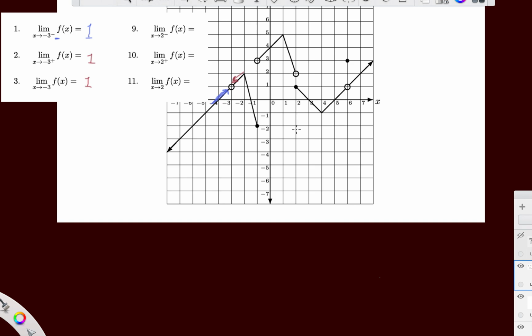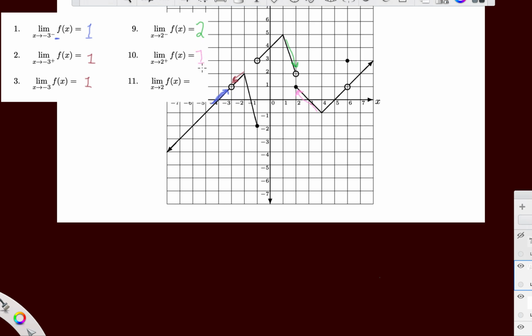As we approach the 2 value from the left, from the negative side, looks like we're coming down pretty steep right here, and it looks like we're approaching an output of 2. Okay, so I'll put a 2 here. And what if we're approaching it from the right side? Well, if we're approaching it from the right side, it looks like we're getting infinitely close, and we actually reach the value of 1.